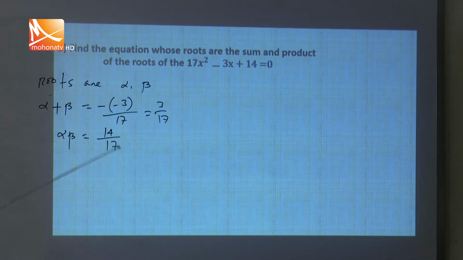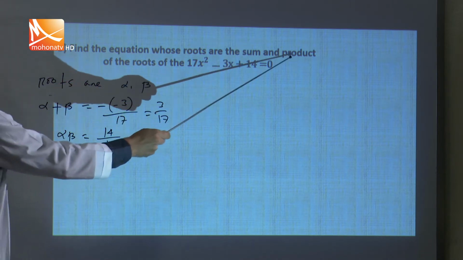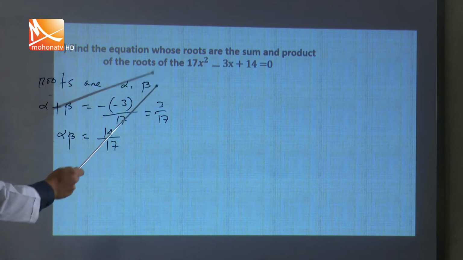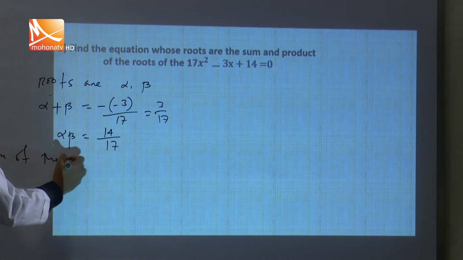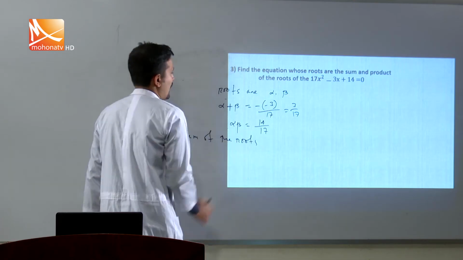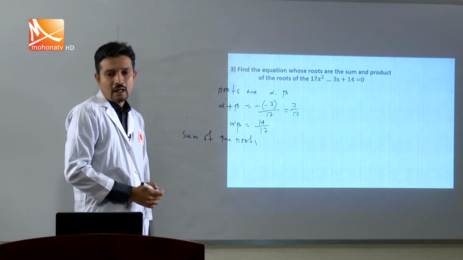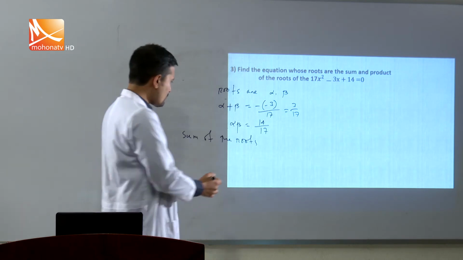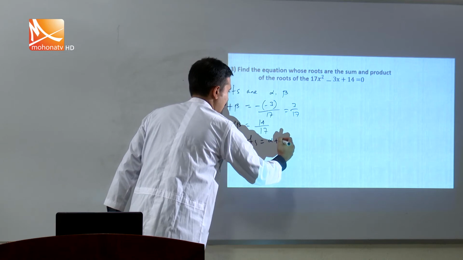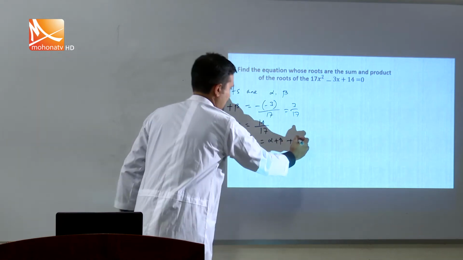For the new equation, whose roots are the sum and the product of the roots of this equation, the roots are alpha plus beta and alpha beta. Therefore, the sum of the roots is alpha plus beta plus alpha beta.